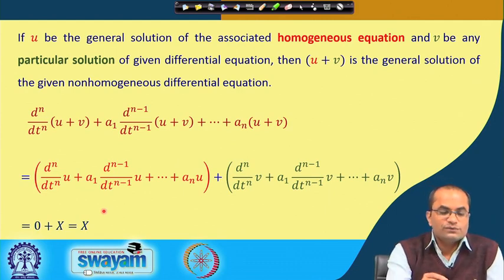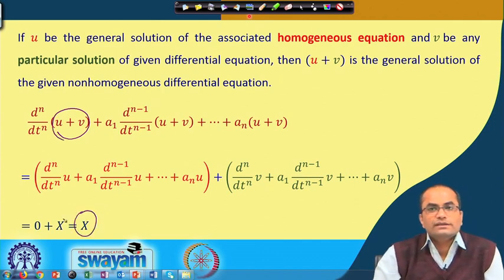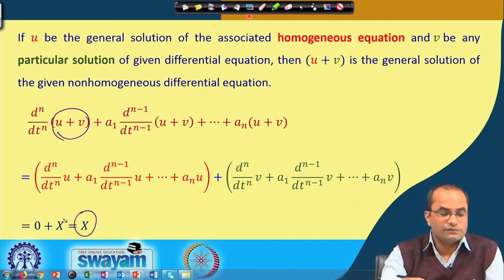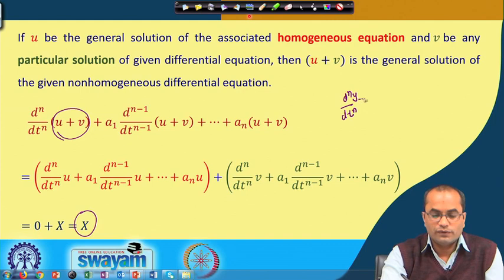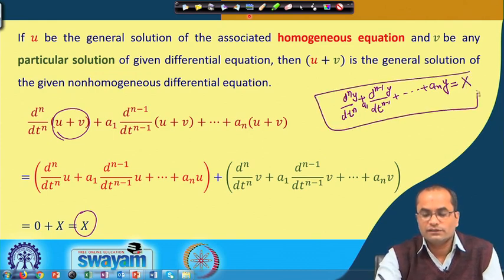So what we have observed is that u plus v satisfies the given differential equation. Our differential equation was the nth order term in y, then the n minus 1th order term with coefficient a 1, and so on up to a n y, equal to x. This was the given differential equation.